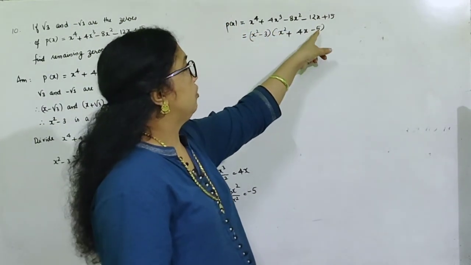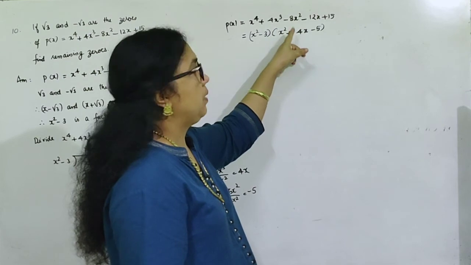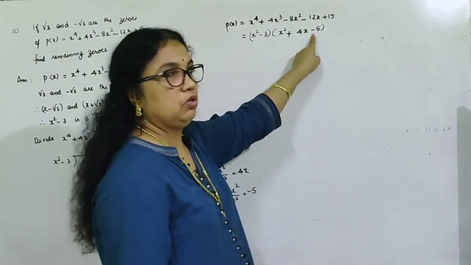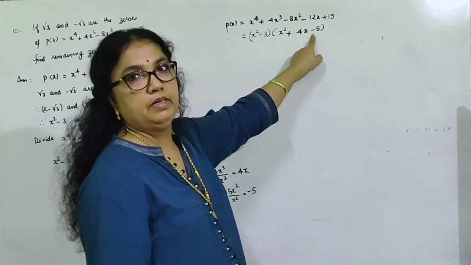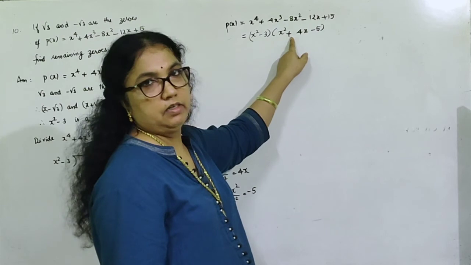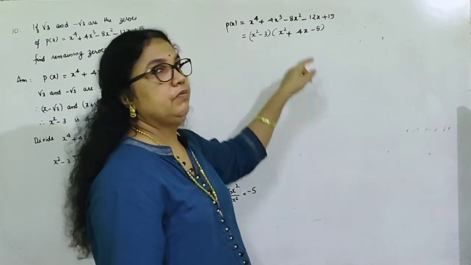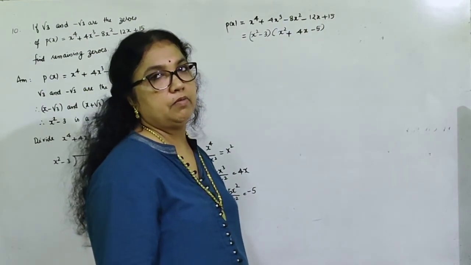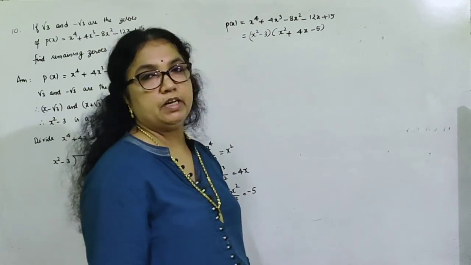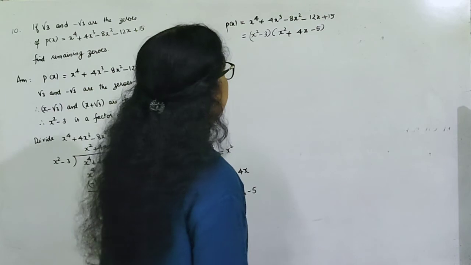On multiplication you have to get minus 5, on adding plus 4. The last term's sign is negative, so the splitting terms will have opposite signs, and the bigger number gets the middle term's sign, that is plus 4. We know 5 ones are 5, and 5 minus 1 is 4. So the splitting terms are 5 and minus 1.